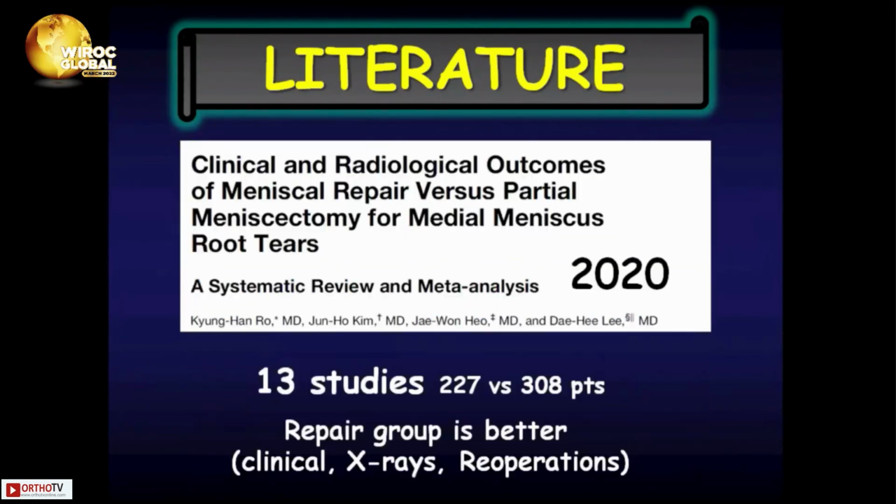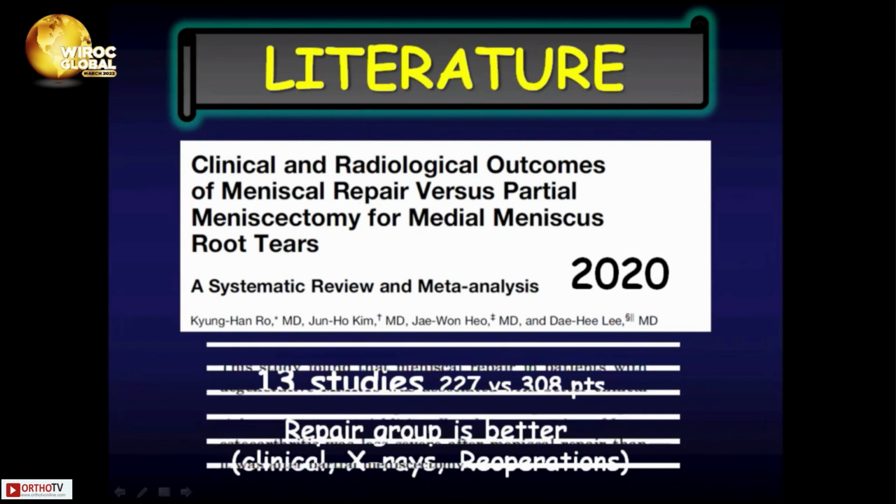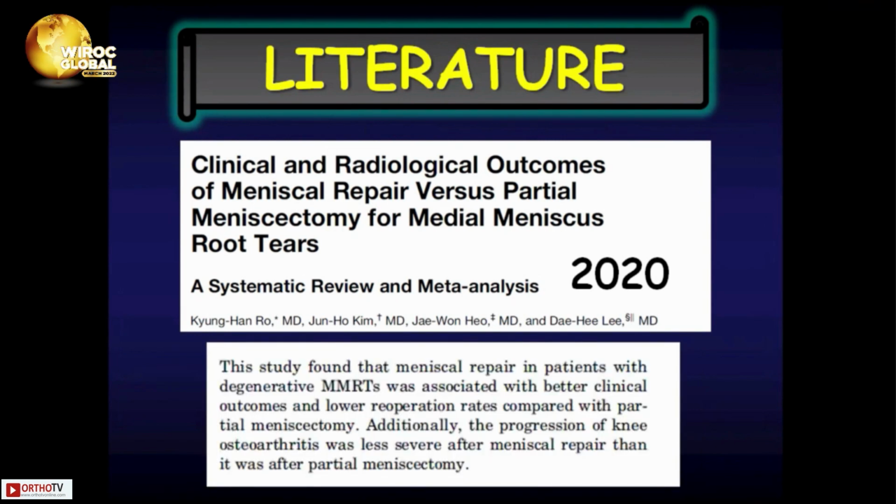And the second meta-analysis, more recent, with 13 studies and a comparison repair group, found the same result, that they have better clinical results, and the progression of knee arthritis was less severe after the repair than after partial meniscectomy.